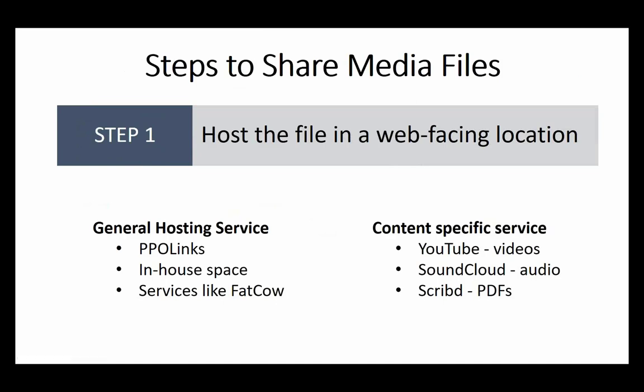If you use a different service, maybe that in-house space that you can check with your IT about, or a service like FatCow, they will provide you with the instructions on how to access that space, and if you need to sign in, they should give you the username and the password. If you use PPO links, we provide you with that information. In our second example, we used YouTube, where we had a video already uploaded, and then we took the HTML that YouTube provided us, and we put that into our PastPerfect record to upload to our site.